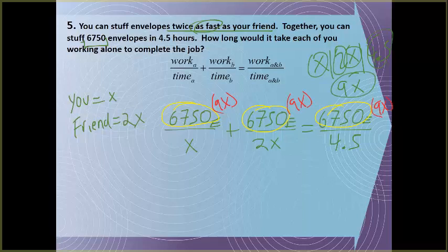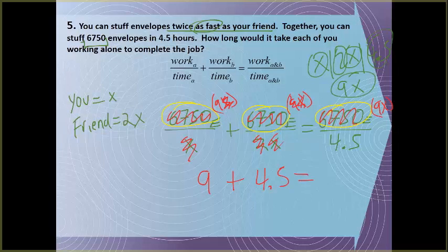The reason I'm going to divide by 6,750, which basically creates 1, is because I'm going to end up with much nicer numbers here. That gives me 4.5.